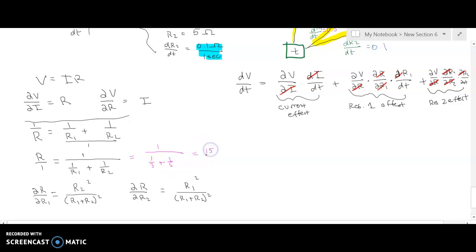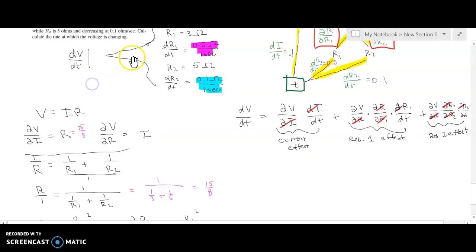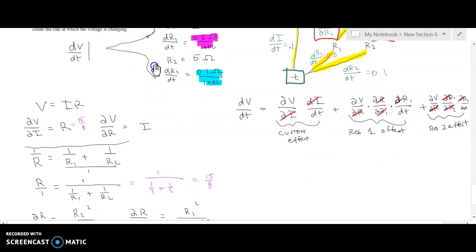And 1 over 8/15 is going to be 15/8. And I need that because now I need dV/dI. So dV/dI is just equal to the value of R, which is 15/8. dV/dR is equal to the value of I, which at this given moment in this problem is given to us as 2.